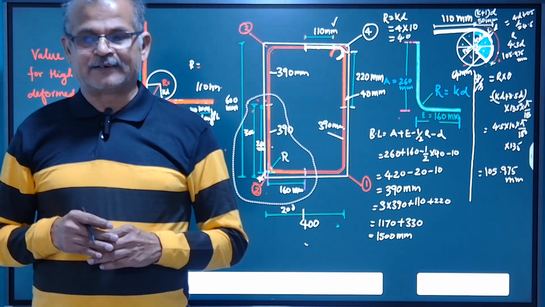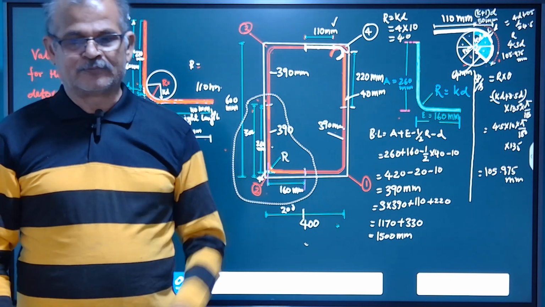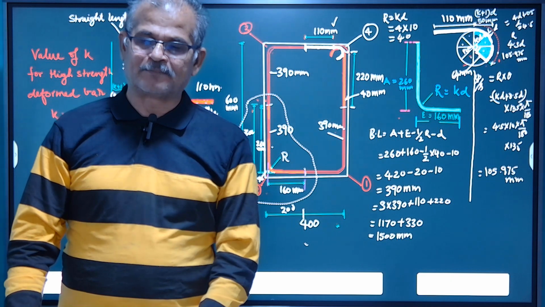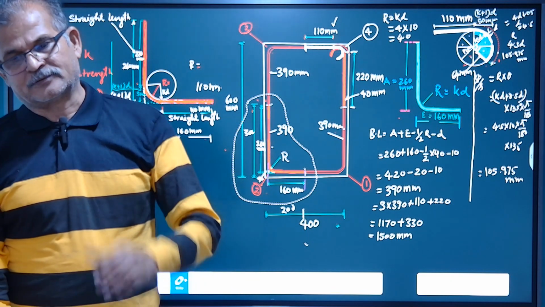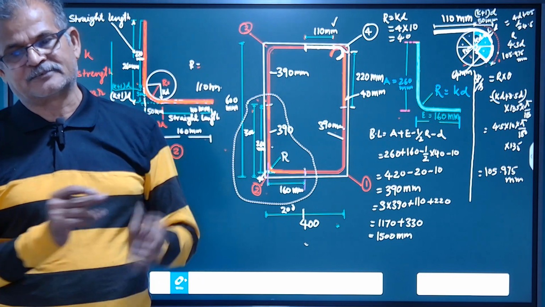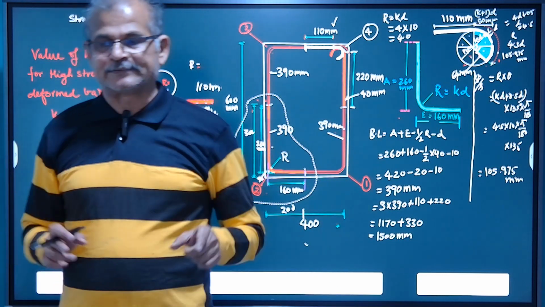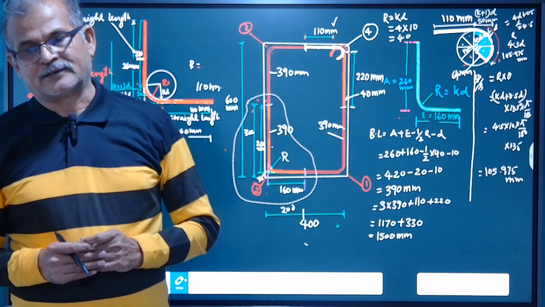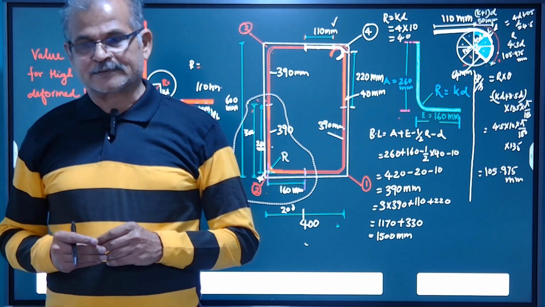And for the 135-degree bend, it is about 105 mm. It will be r into theta, so it again depends upon the diameter of the bar. With that we get the curved portion, and subtracting everything from the cutting length, we get the straight portion of the hook. Once we calculate this, this will be a very exact method to find the stirrup cutting length.